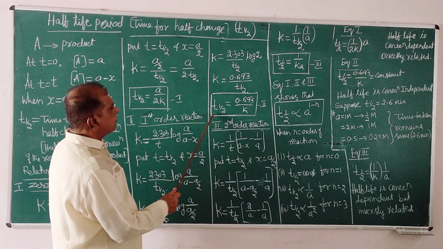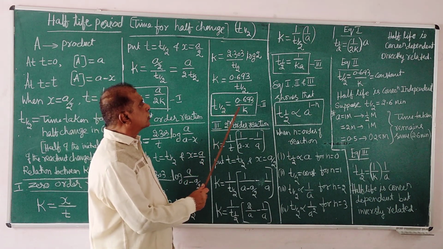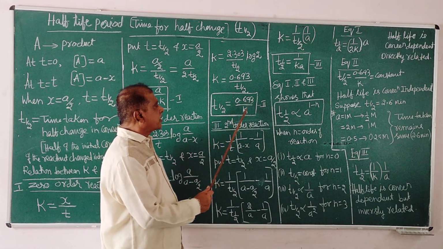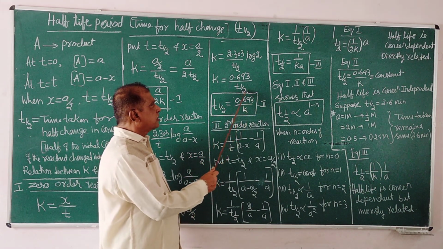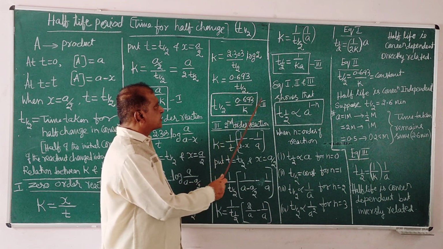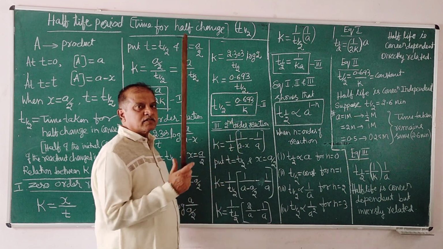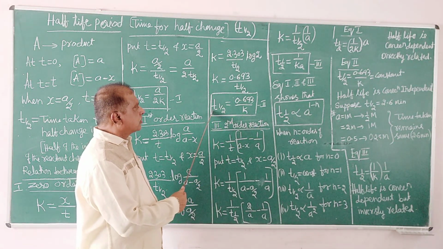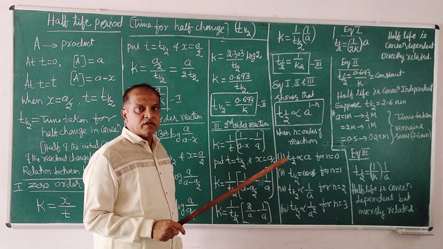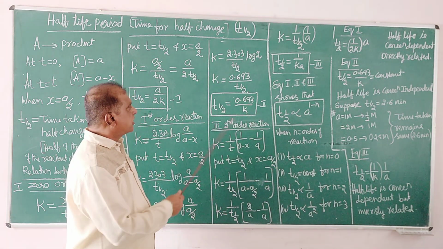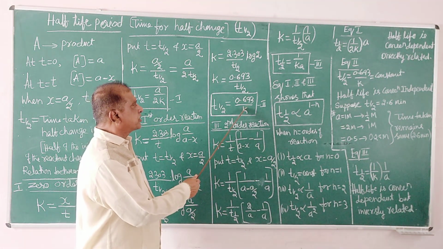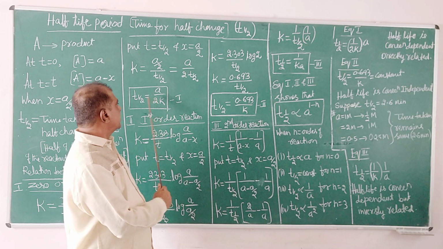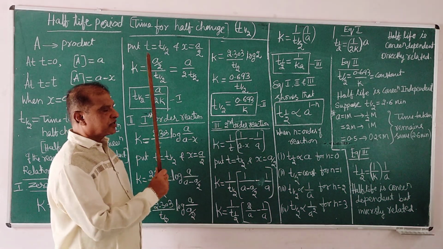So what is the half-life? t half is equal to 0.693 divided by k. Look at this, very important. This expression does not contain the initial concentration. This half-life is independent of the initial concentration.